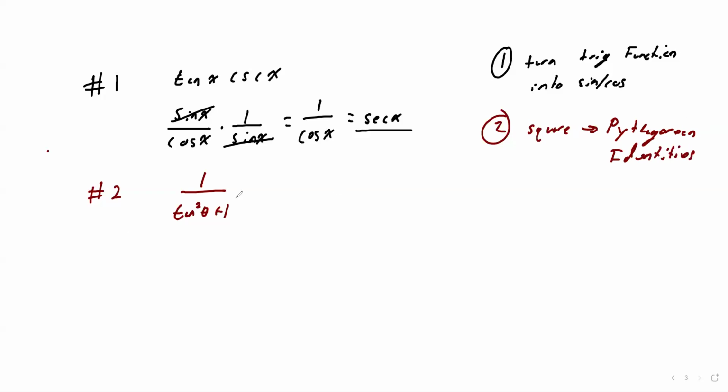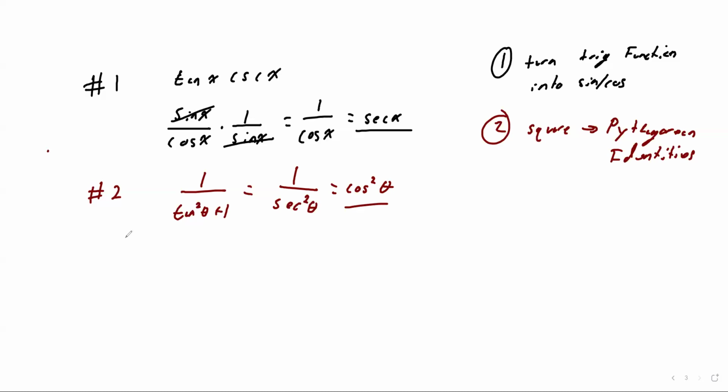In this situation, using the Pythagorean identities, I can see that tan squared theta plus 1 is equal to secant squared theta, because that's what we started with. And then using my reciprocal identities, I can see that 1 over secant squared is the same thing as cosine squared theta. And then that would be your simplified answer.